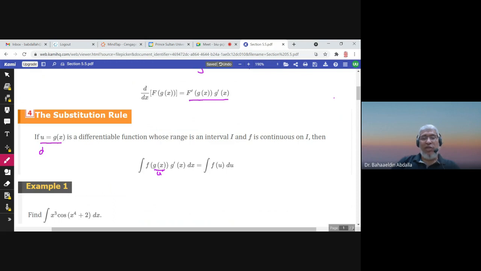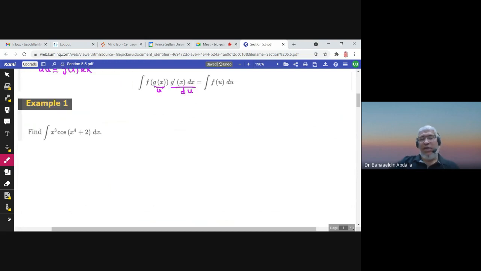So the differential of u would be equal to the derivative of g times the differential of x. So if you call g of x u, this would be du. And I can write this integral as the integral of f of u du. So this method helps me to write the difficult integral in an easy way and then to evaluate the integral.